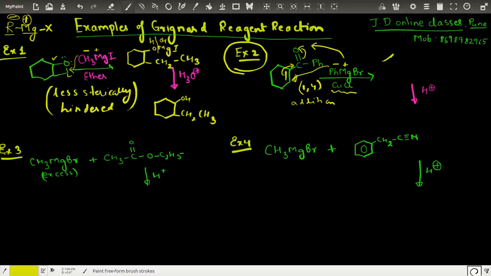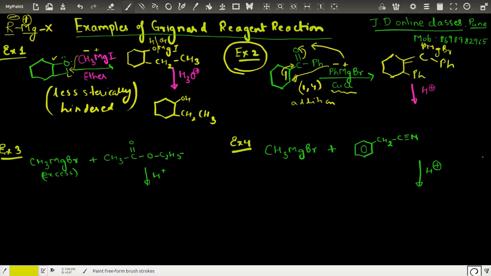We have this molecule here and the phenyl group is attacking at this point, and then we have a double bond and this is C. This molecule would be OMgBr and this is Ph. So this is the molecule.